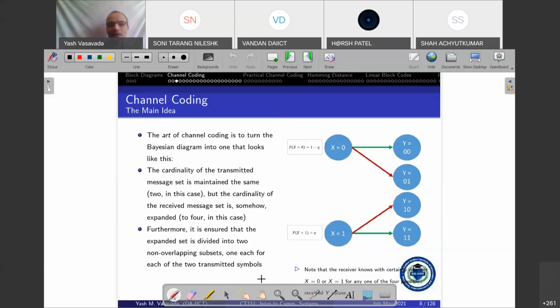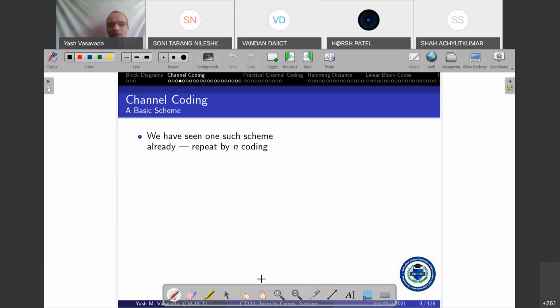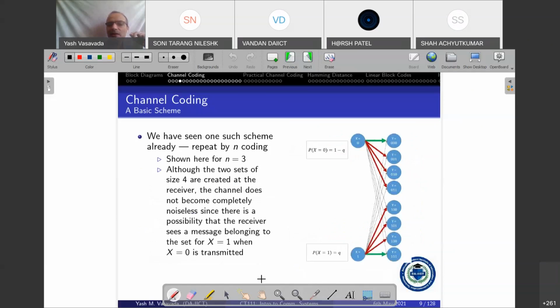So with repetition encoding, the diagram that we get looks like this. Right now I have used it for n equal to 3, but I can draw it for any other value of n. The transmitter still sends 0 and 1, but then channel coding repeats it 3 times in this case, and so you get a total of 8 different ways that the receiver can observe y.